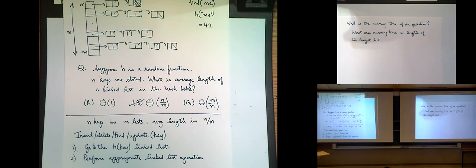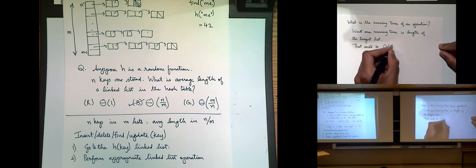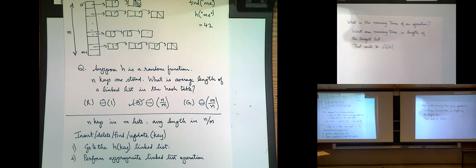Does that make sense? It's the length of the longest list, whatever that list is. And that could be omega of n. If all the items were hashed to the same list, then there's this one list that's going to have everything. It's just a linked list then, right?